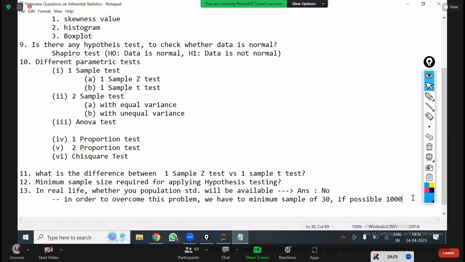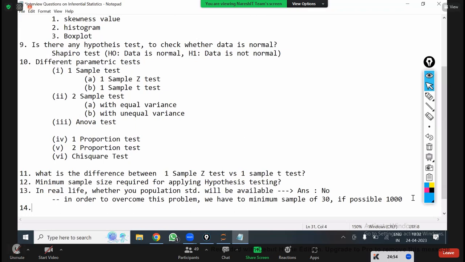If the null hypothesis is rejected on the left side, then it is called a left tail test. If the null hypothesis is rejected on the right side, then it is called a right tail test. If the null hypothesis is rejected on both sides, then it is called a two tail test. Whichever side the rejection area of the null hypothesis is on, that side is the test. Rejection on the left side, left tail test.